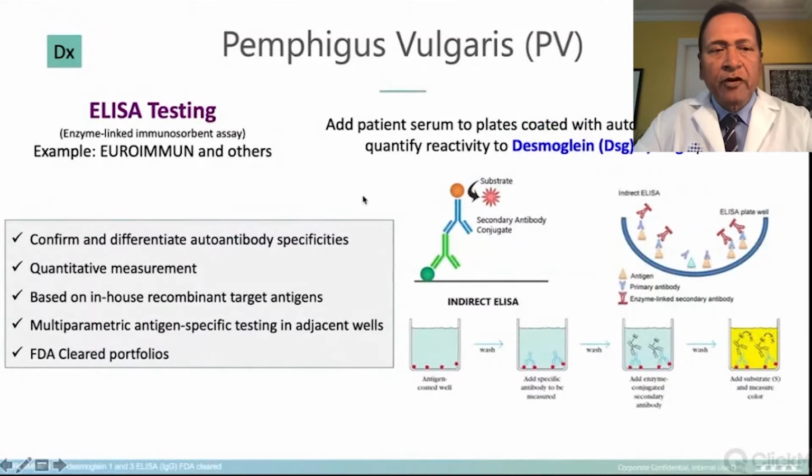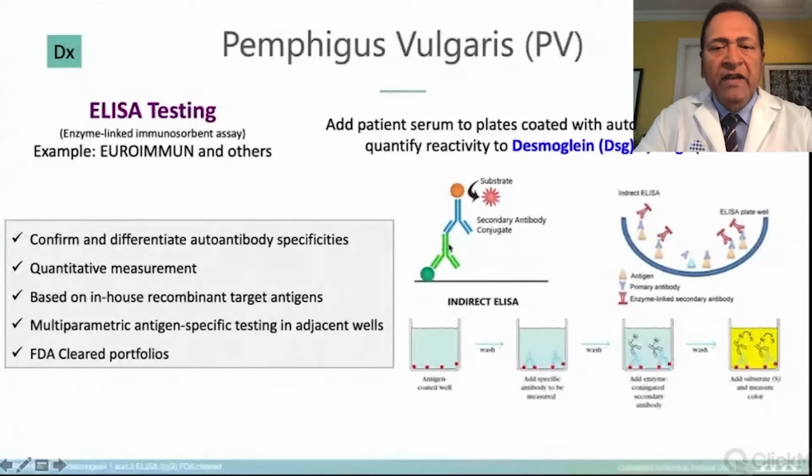Also, very useful is ELISA testing, or enzyme-linked immunosorbent assay, developed by Autoimmune and a couple other companies. And basically here, if you remember immunology, on a tissue plate, you can lay down the target antigen of interest. In this case, it will be desmoglein 3 and 1.